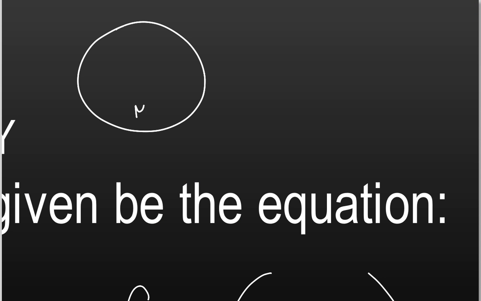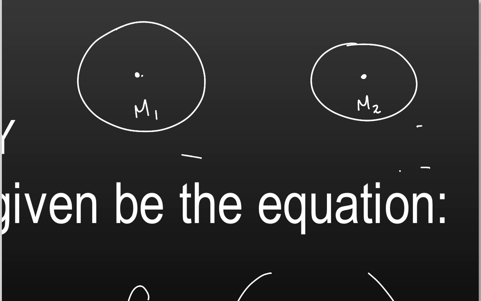Let's call that mass 1. Let's call this object 2. Let's call this mass 2. So what you'd want to measure from the center of the mass is the distance between the two objects, and then we would call that r. r is the distance between the centers of these two objects.